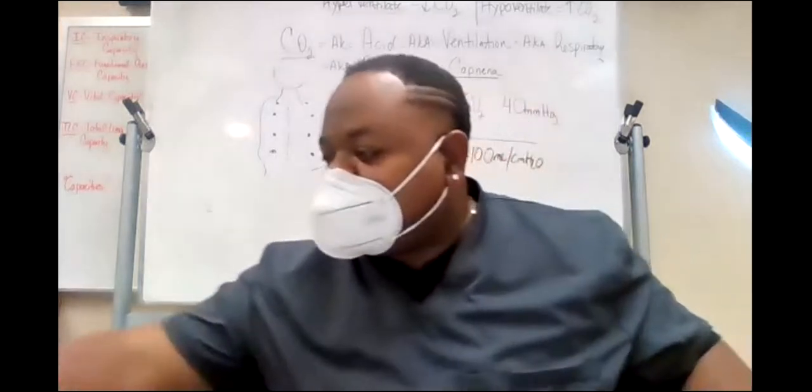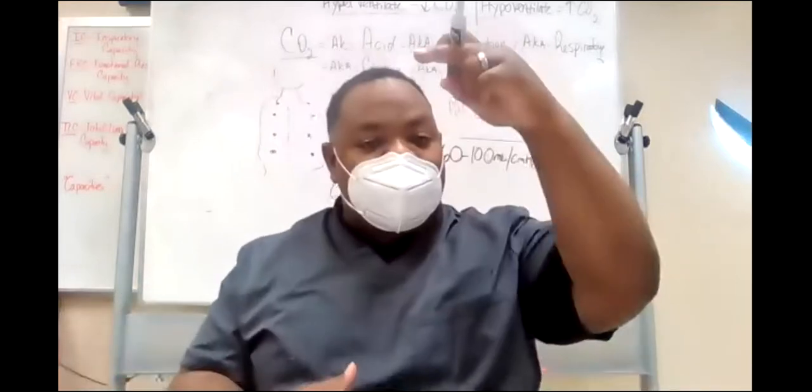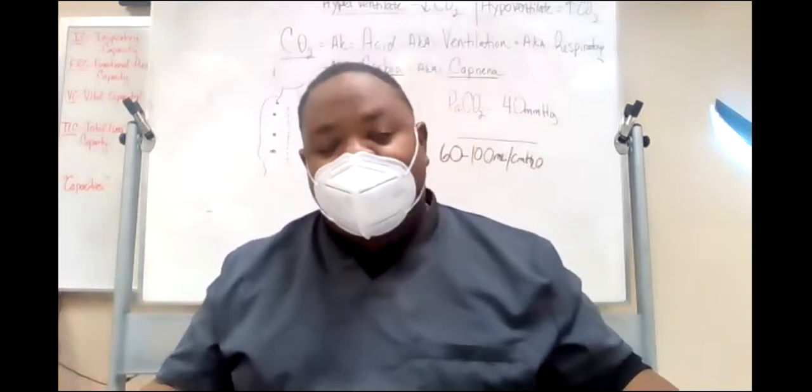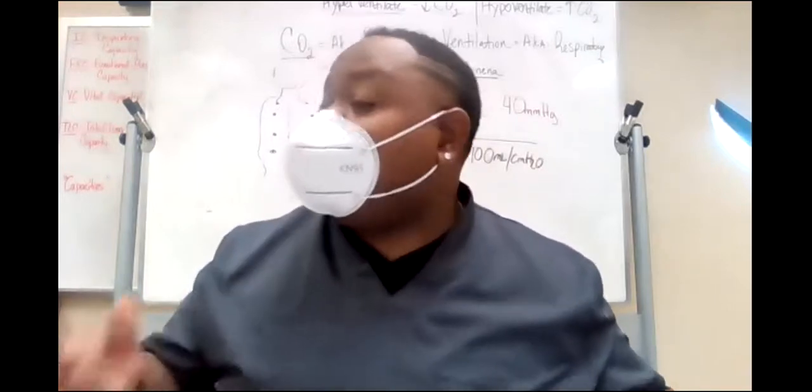The taller the lung, the longer the lung, the more volume it's going to have, okay? You can be 500 pounds, but if you're only 4'1" and 500 pounds, you will have less volume in your lungs than someone who is 100 pounds but 7 feet tall.